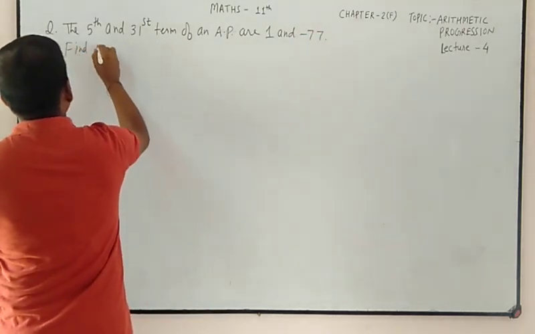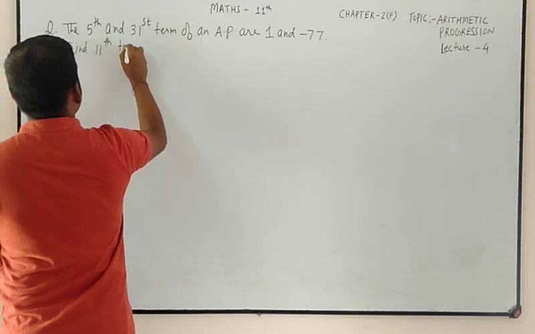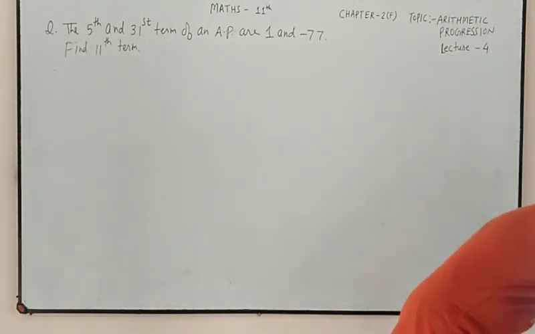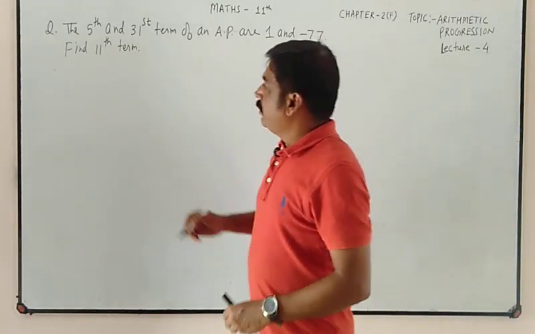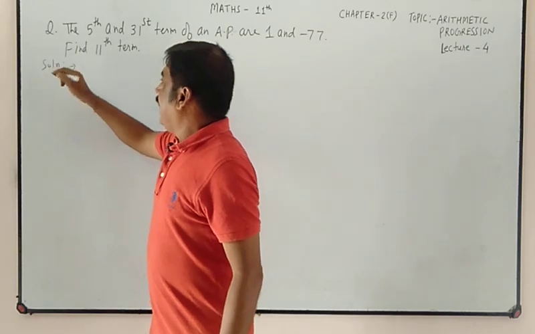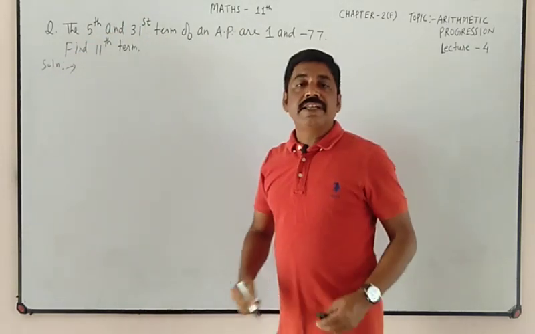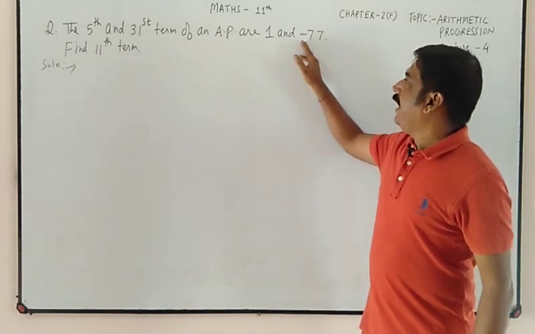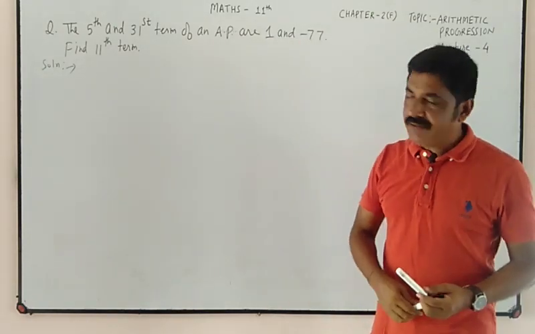Find 11th term, right? So this is the question. So what the question says is that the fifth and 31st term of an AP are 1 and minus 77.